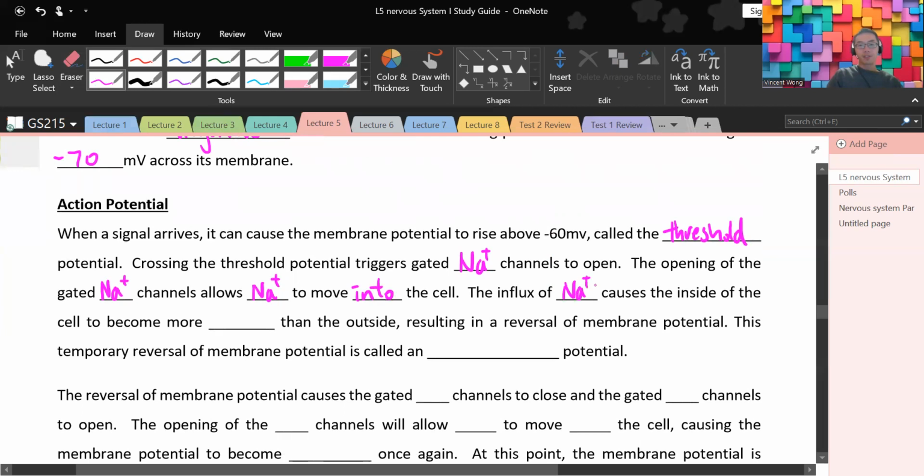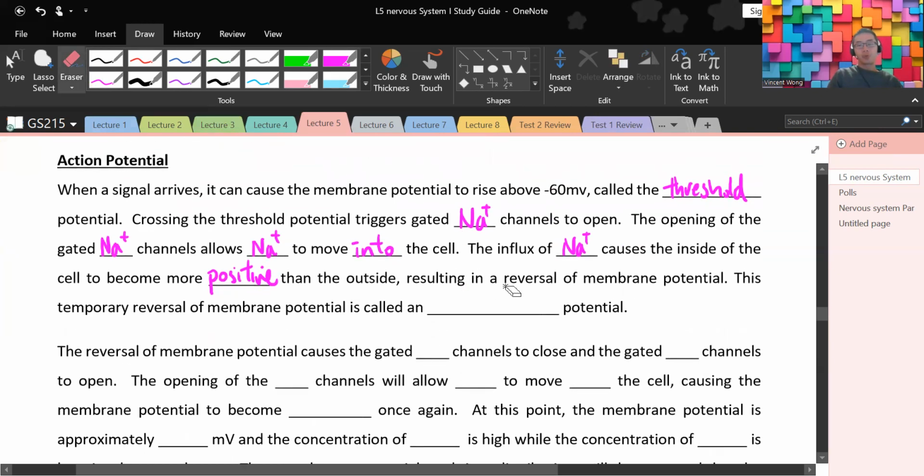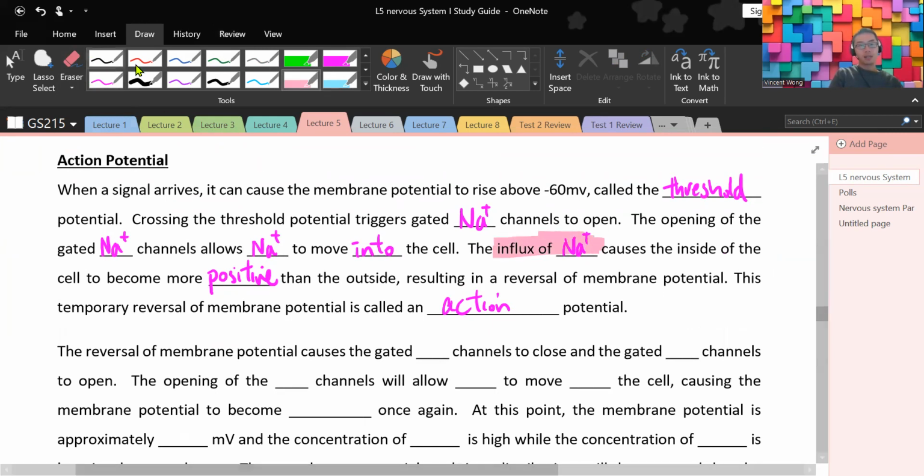The influx of sodium causes the inside of the cell to become more positive than the outside, resulting in a reversal of membrane potential. This temporary reversal of membrane potential is called an action potential. Okay, and I just want to quickly remind you the influx of sodium is what causes the depolarization.